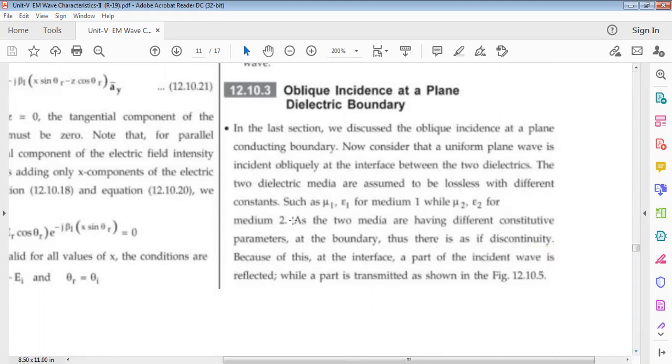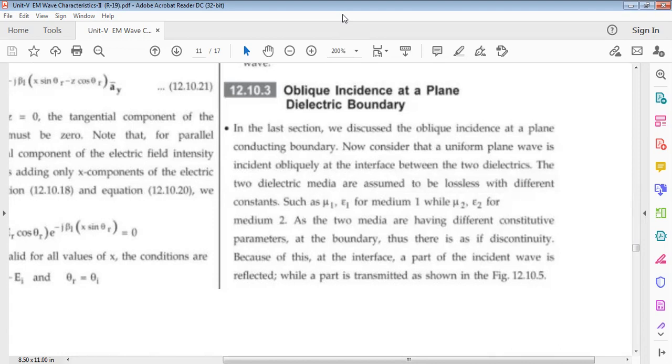It means the left hand side is medium 1 and the right hand side we have medium 2. In the previous case, the left hand side was medium 1 and the right hand side, medium 2, was a conducting boundary. Now medium 2 is also a dielectric, having different parameters.